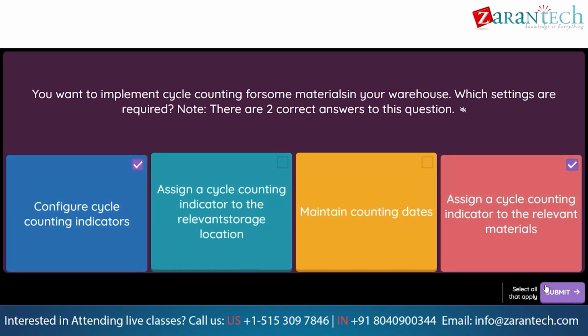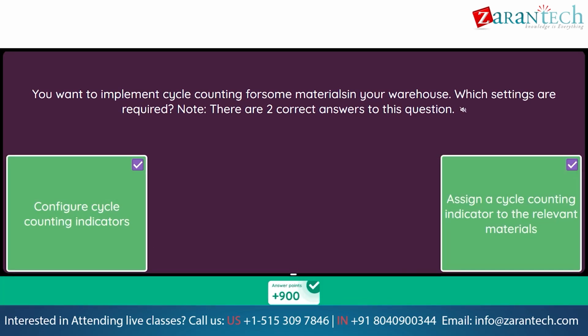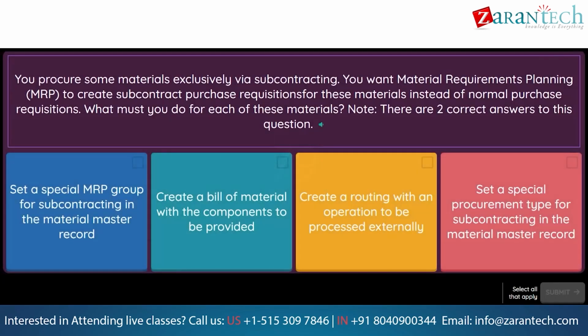Question: you procure some materials exclusively via subcontracting. You want material requirements planning, MRP, to create subcontract purchase requisitions for these materials instead of normal purchase requisitions. What must you do for each of these materials?